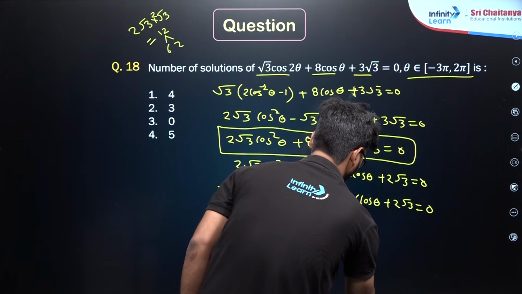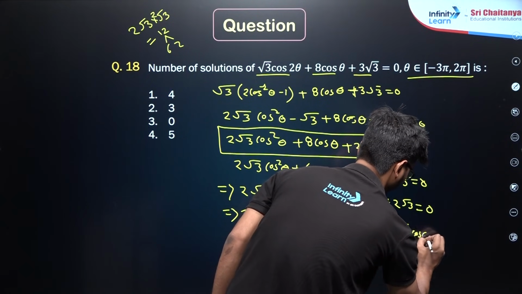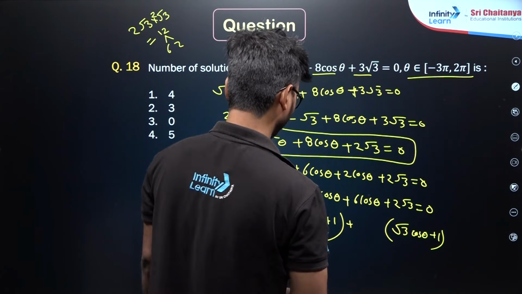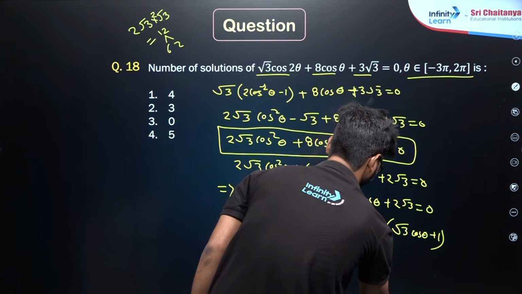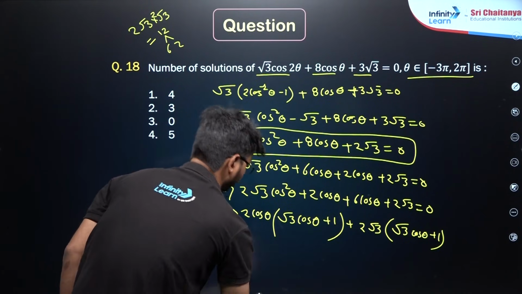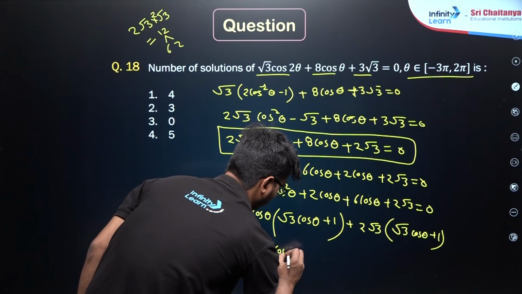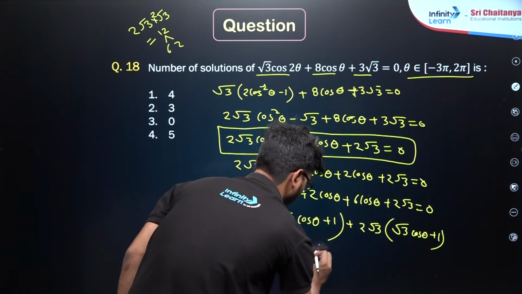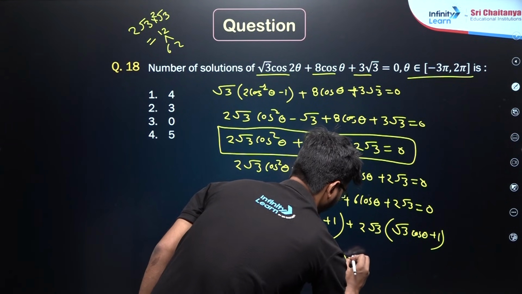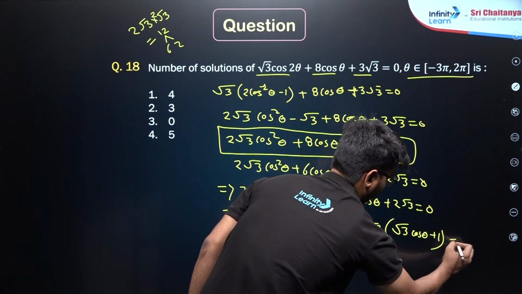And here also I am going to get the same, that is under root 3 times of cos theta plus 1, correct? So here we have to write 2 times of root 3. So if I take the factor common, it will be under root 3 cos theta plus 1, and it will be 2 cos theta plus 2 root 3 equals to 0.